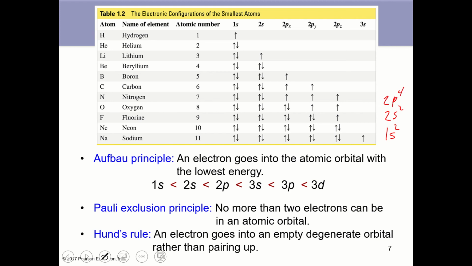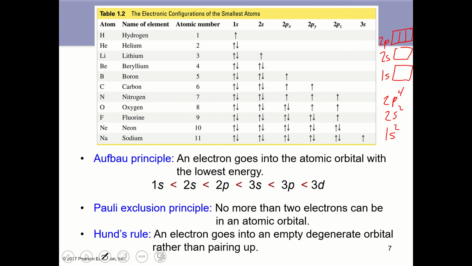Okay, but this p, when we write out the boxes for these orbitals, it looks like this: 1s, 2s, 2p, and on p we should have 3 boxes of equal energy. Each of the p orbitals is equal.